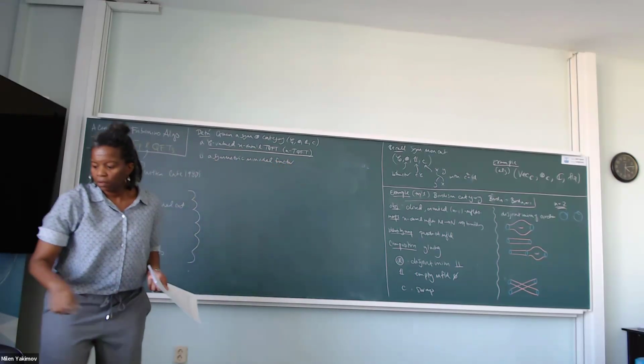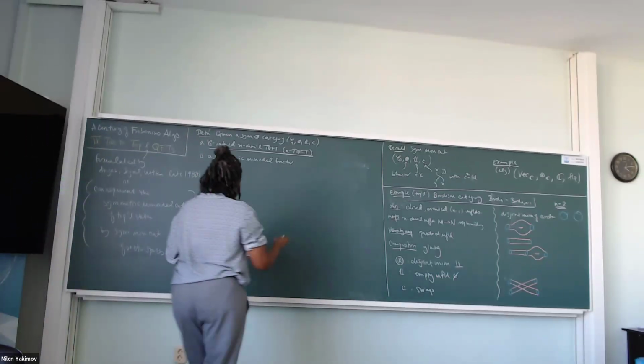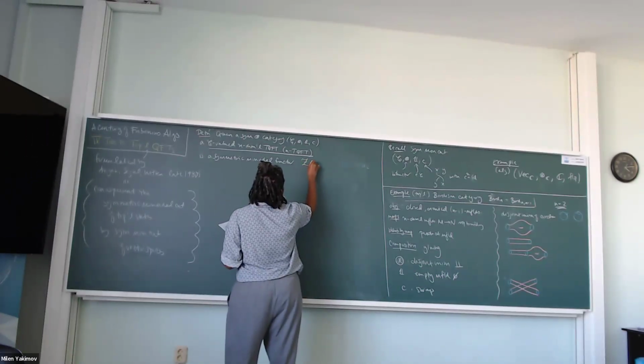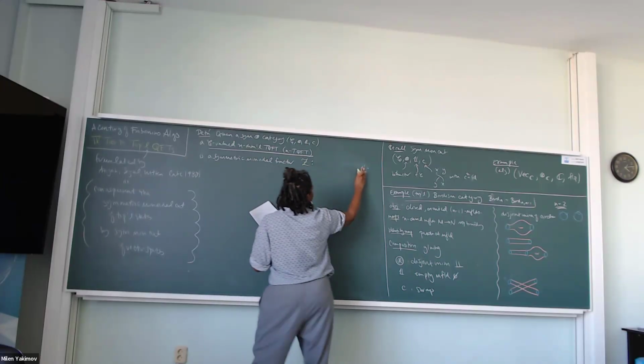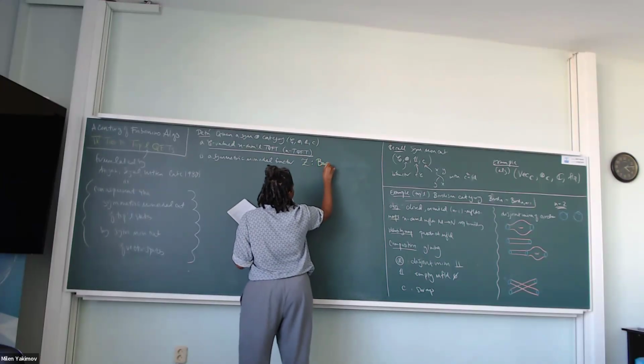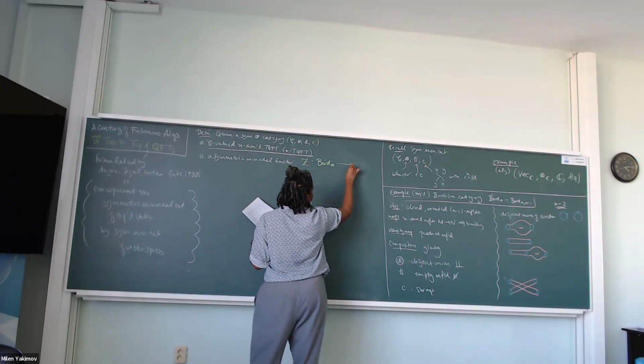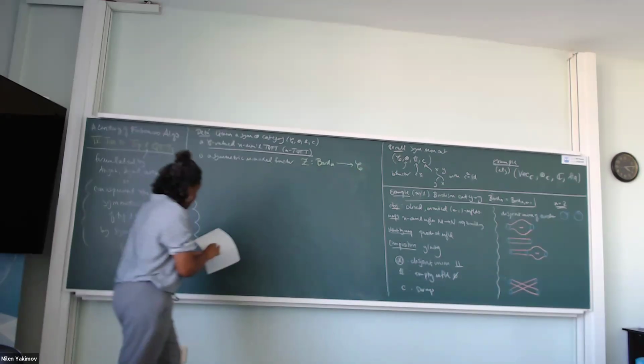When it's denoted, it's often denoted with a Z. I go from the bordism category Bord_n to C. That's all a TQFT is.